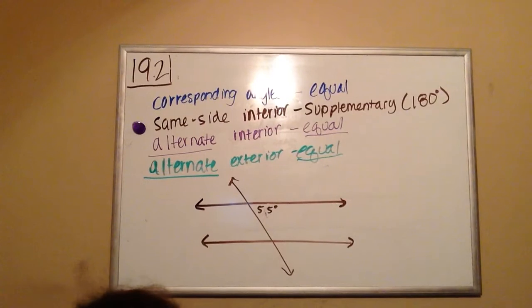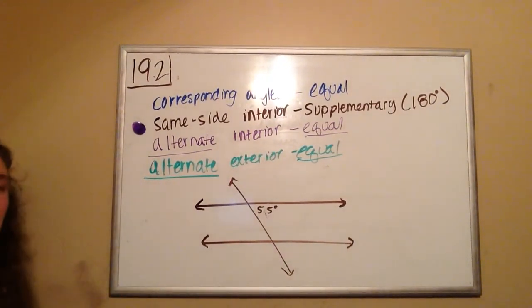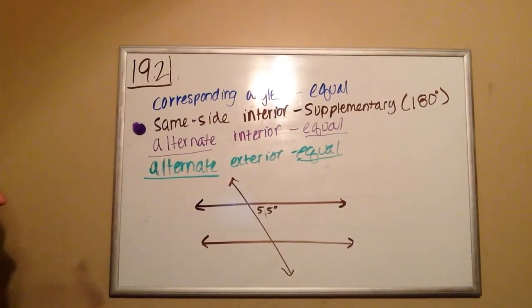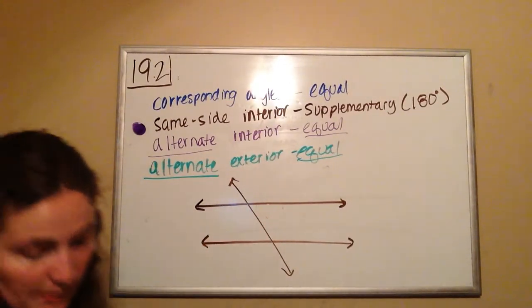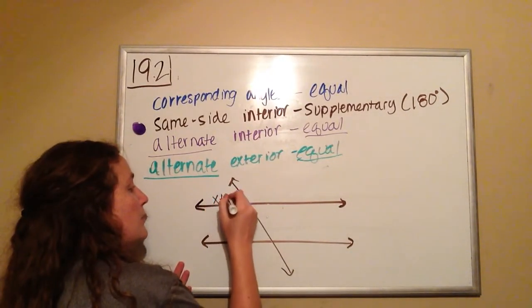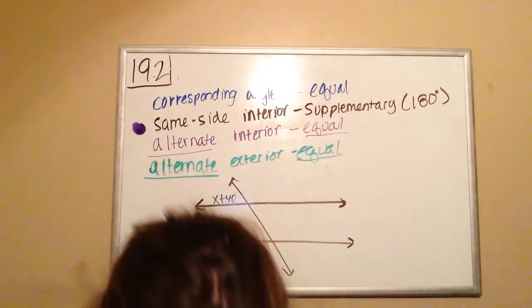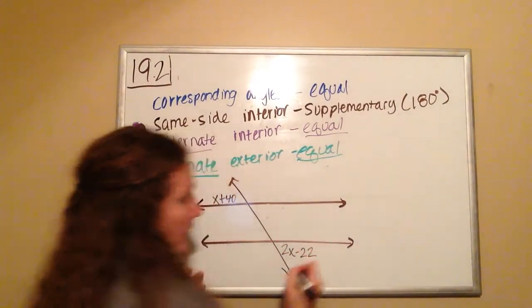Alright, so we only have three more problems we're going to do. The third gets a little bit more complex. It's the same sort of diagram that we've seen. You should have already done the 55 degrees. So let's put right here, this one's going to be x plus 40, and this one's going to be 2x minus 22.